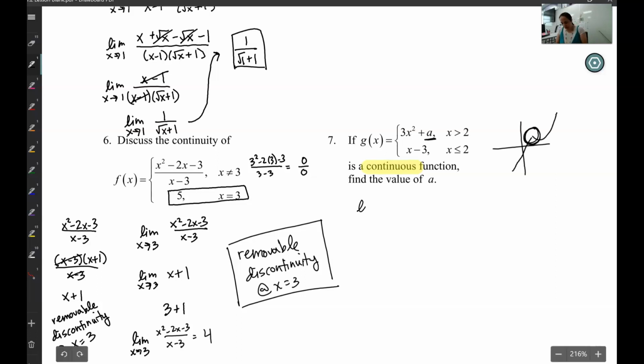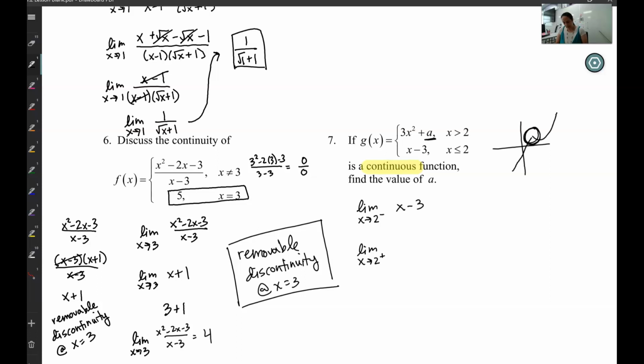So to do that, we need to look at the limit from both sides. If I look at the limit as x goes to 2 from the left, that's going to be this second function right here, x minus 3, because it's from the left, so less than.